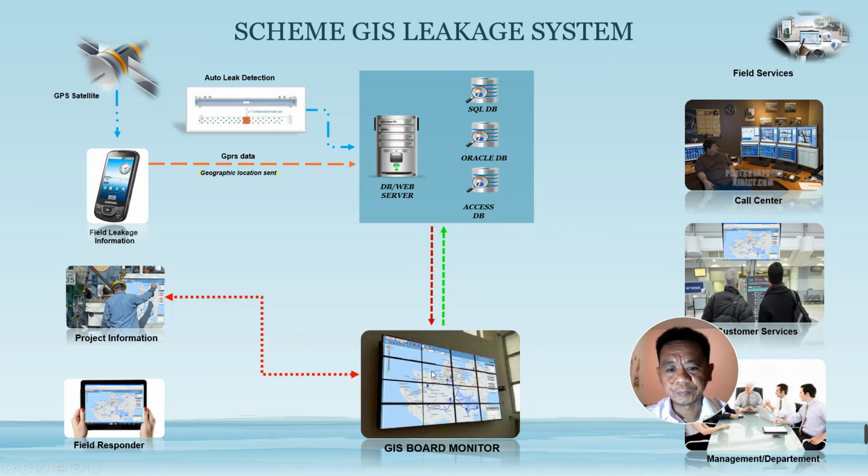Besides leakage, we can also inform the project information, for example pipe repairing work or pipe maintenance work. So we can see it here, and then the field responder will see the dashboard and respond from the field.